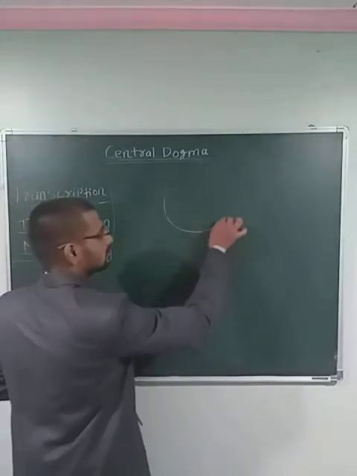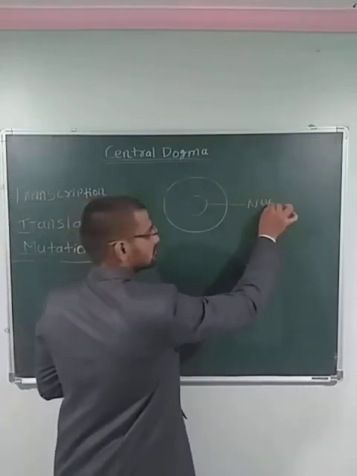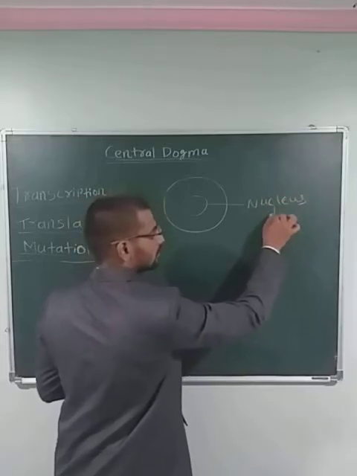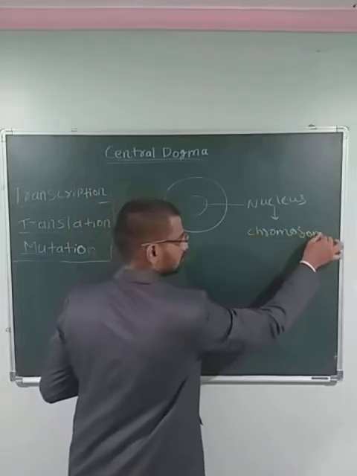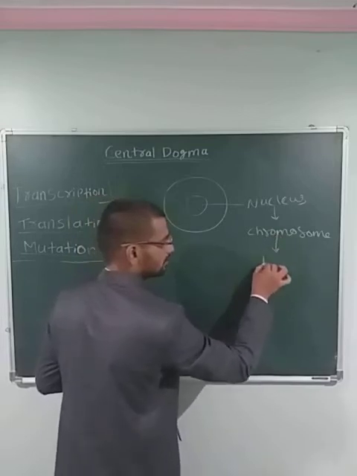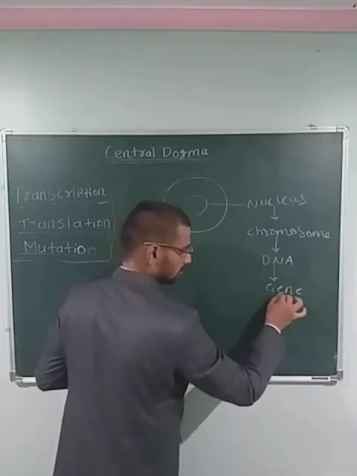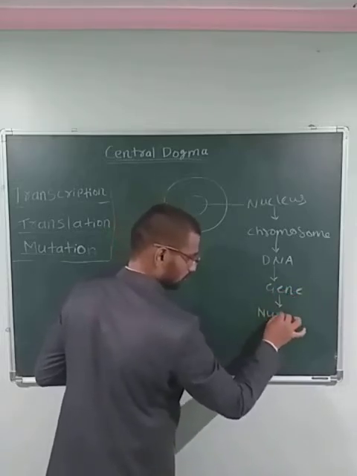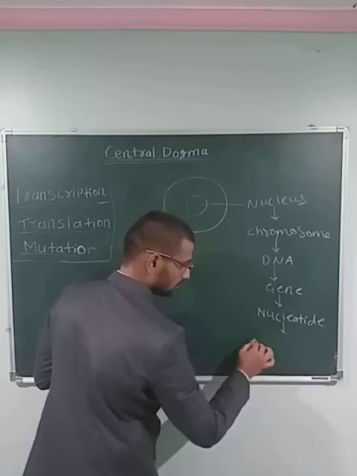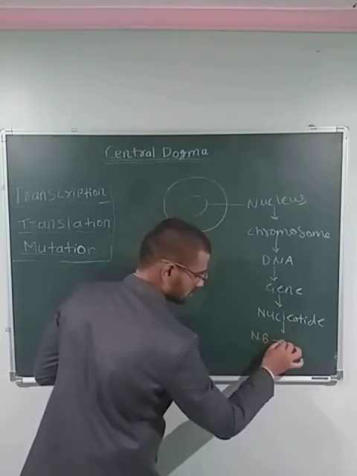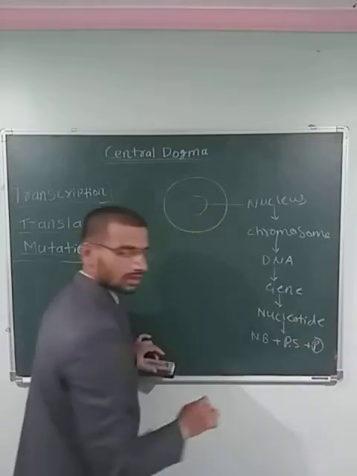the cell contains the nucleus. The nucleus is made up of chromosomes, chromosomes are made up of DNA, to gene, to nucleotide, and nucleic bases, and to sugar and phosphate.